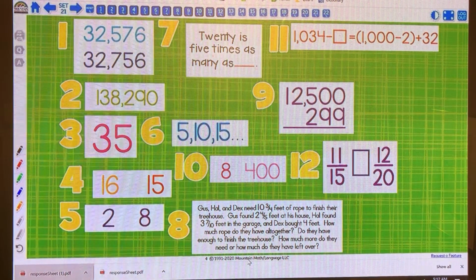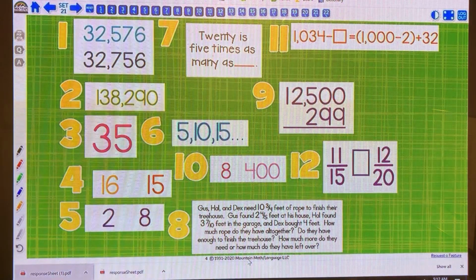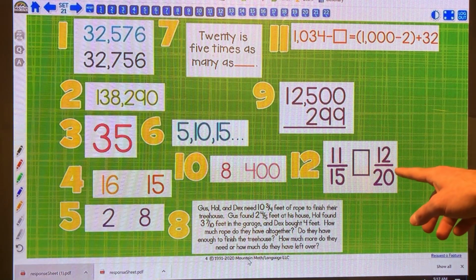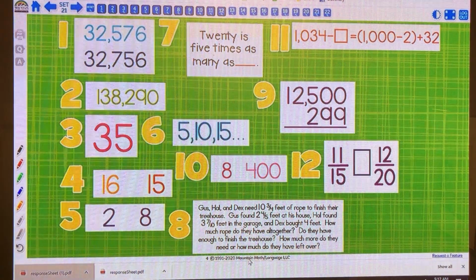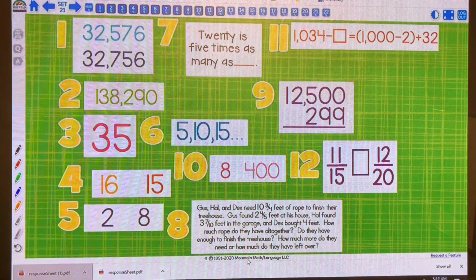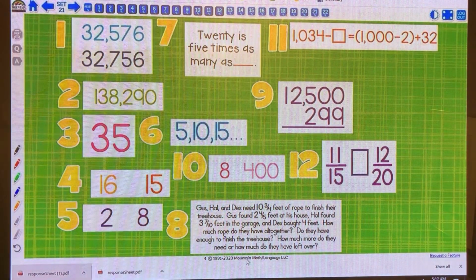But basically, if kids can put 11/15 and 12/20 into simplest form, we will be able to determine whether or not these fractions are less than, greater than, or equal to each other.